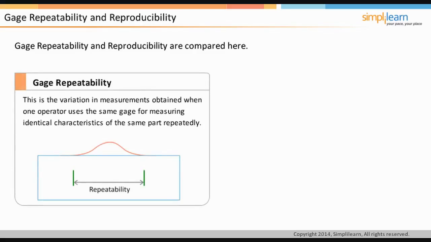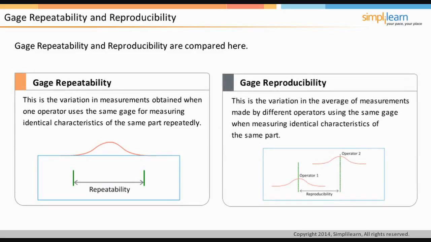Gauge repeatability is the variation in measurement when one operator uses the same gauge to measure identical characteristics of the same part repeatedly. Gauge reproducibility is the variation in the average of measurements when different operators use the same gauge to measure identical characteristics of the same part. The figures on the screen illustrate gauge repeatability and reproducibility. In the next screen, we will discuss the components of GRR study.